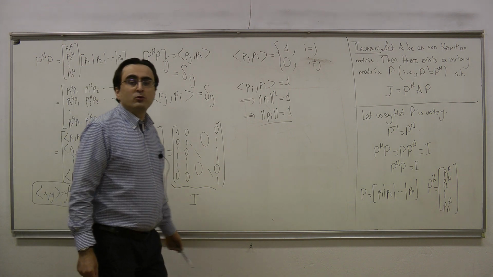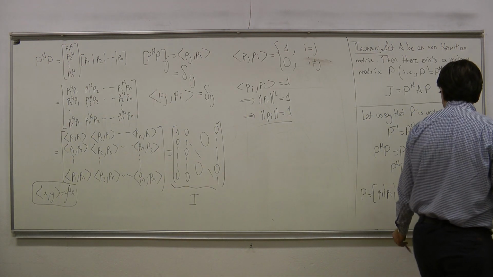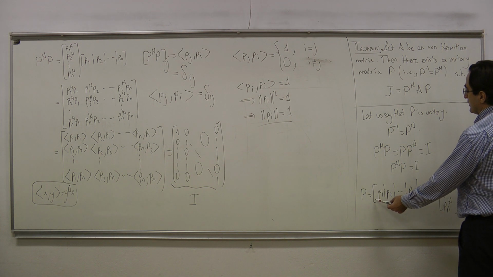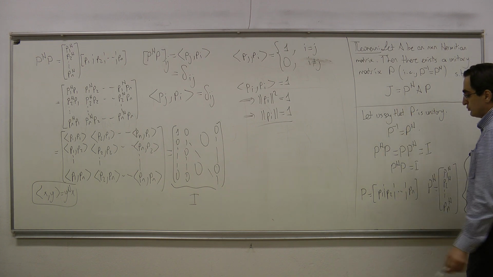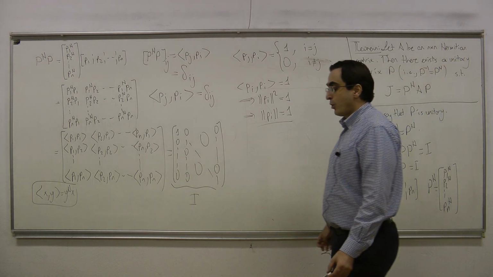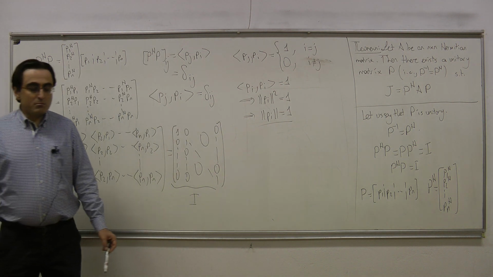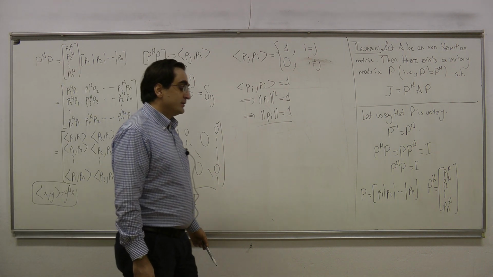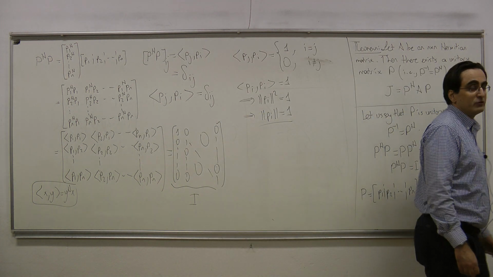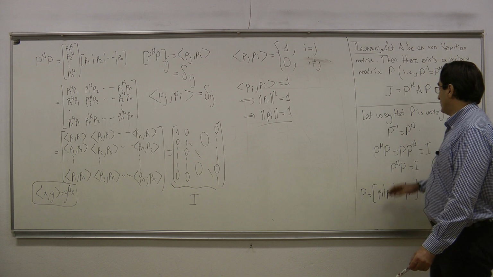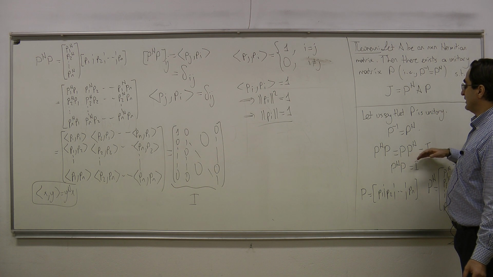What about the rows of a unitary matrix? If the columns of the matrix are orthogonal to each other when it is unitary, what about its rows? The magical property of unitariness would also necessitate the rows to be orthonormal to each other. Okay? So here we use this property, P Hermitian P is equal to identity.